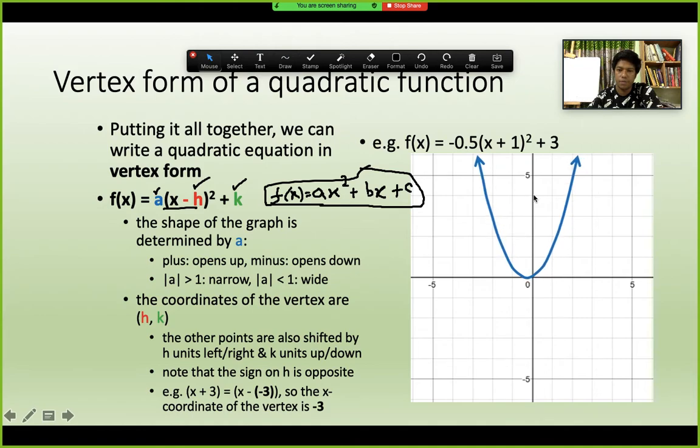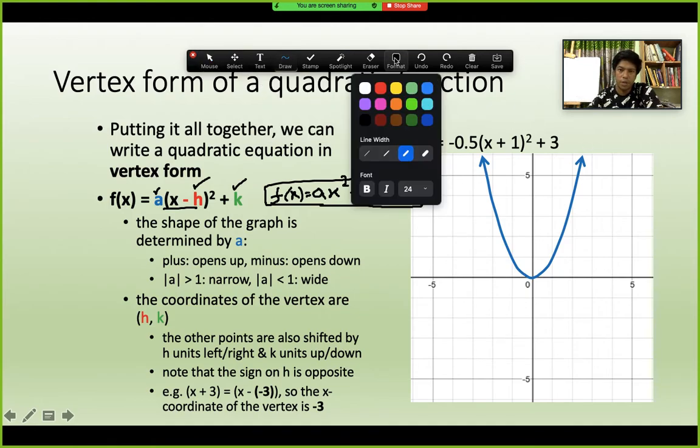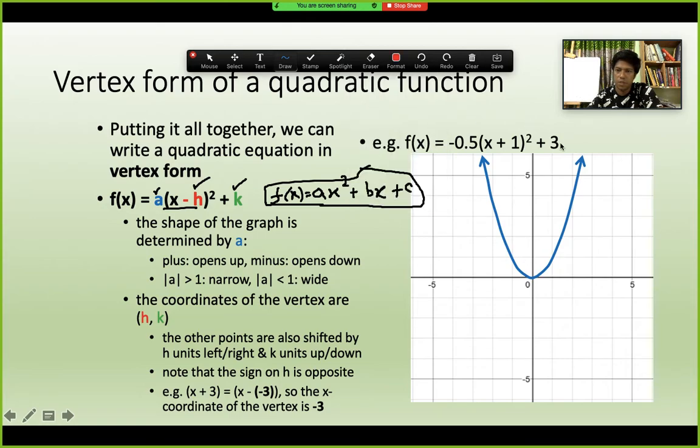See, let me tell you that first. So for this plus 3, which is the value of k here, the graph will go 3 units up.